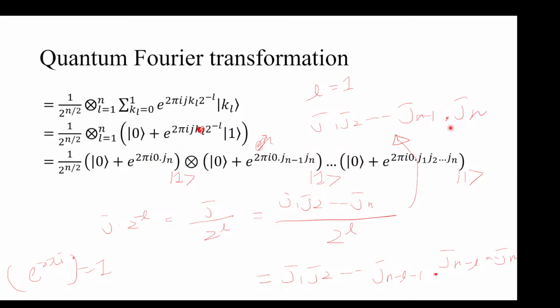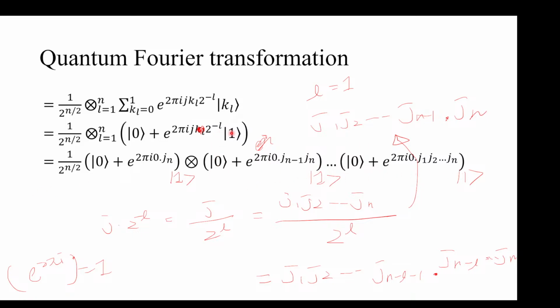Okay, and then similarly for l equal to 2, you move this period forward one more, and you have j1, j2 to j sub n minus 2 dot jn minus 1 and jn. Once again the integer part doesn't matter, and so you are just left with e to the 2 pi i 0.jn minus 1 jn.